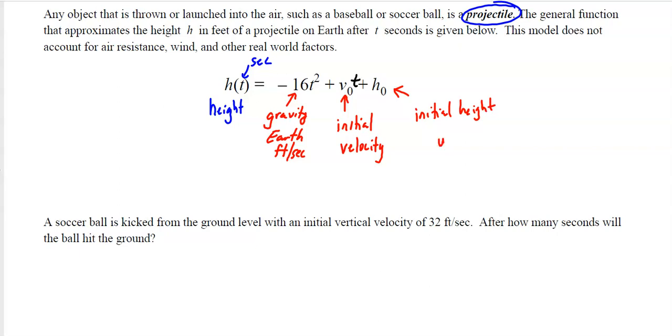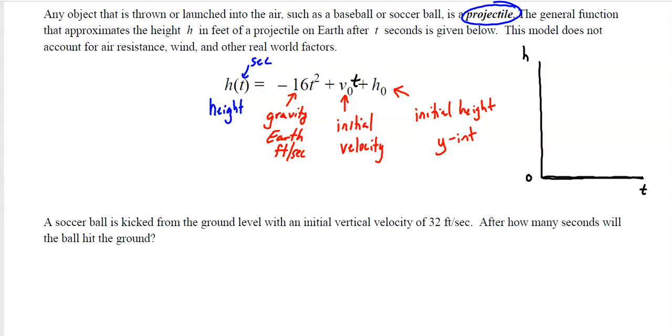All right, aka it's the y-intercept. So you think about this, you have some sort of a graph. It's all going to be in quadrant 1 because your time is not going to be negative. Your height is either on the ground, a height of 0, or you're going to go up in the air and launch something.